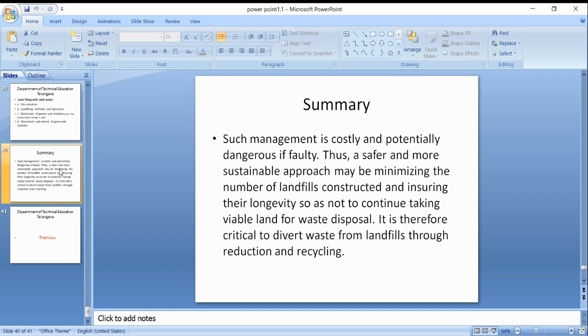Thus a safer and more sustainable approach may be minimizing the number of landfills. If we do not dump waste into the surroundings, and instead take it to areas where we segregate and recycle it, then we will get sustainability.